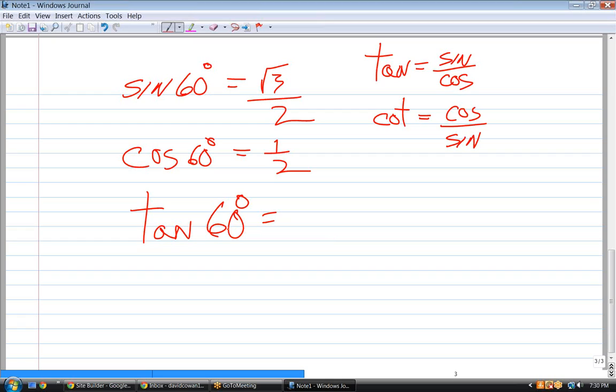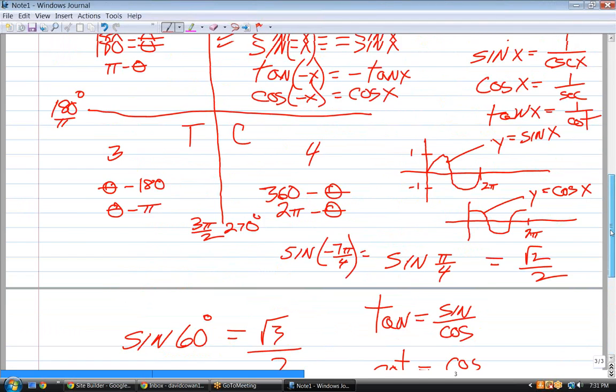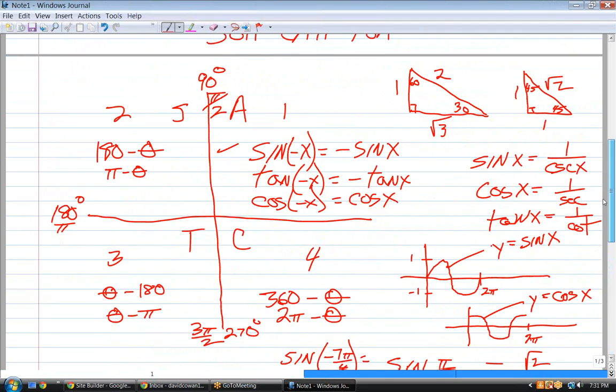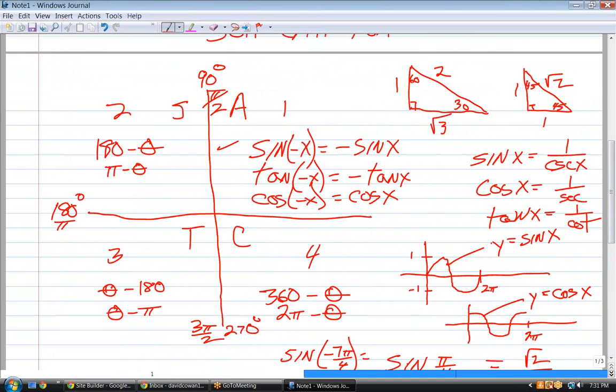So if tangent of 60 is sine over cosine, then it's square root of 3 over 2 divided by 1/2. Flip that, multiply, you get square root of 3, and if I go up to this, the tangent of 60 degrees is square root of 3 over 1.